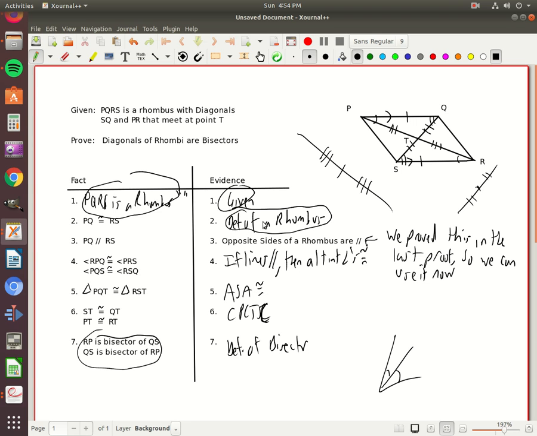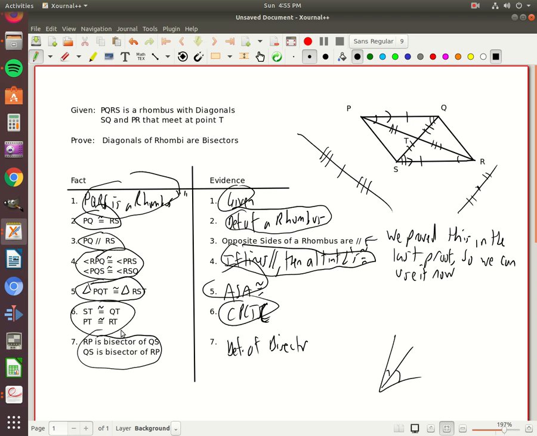I needed the definition of a shape, which helped me right there. I ended up having angle relationships to prove parallel lines, and I actually had parallel lines to prove an angle relationship. I had triangle congruence, and I was able to use CPCTC.